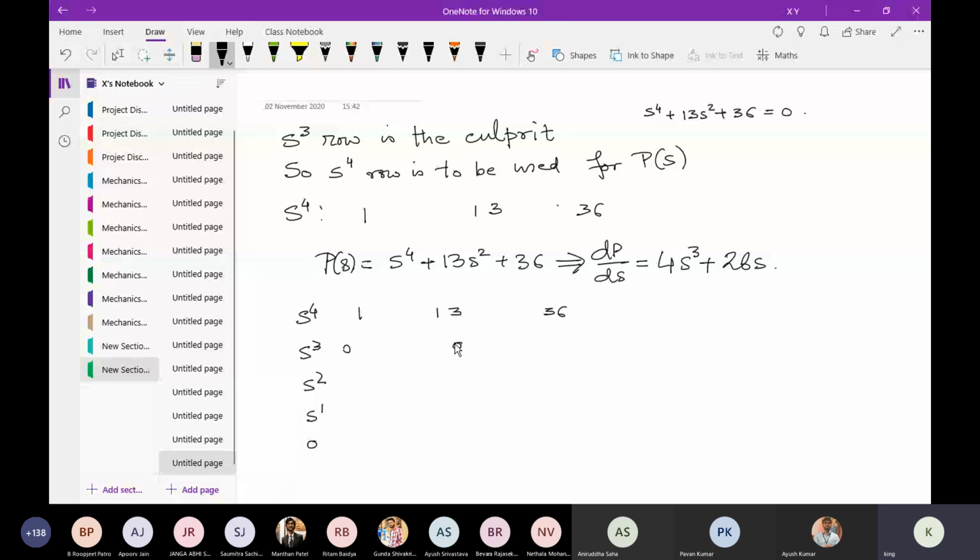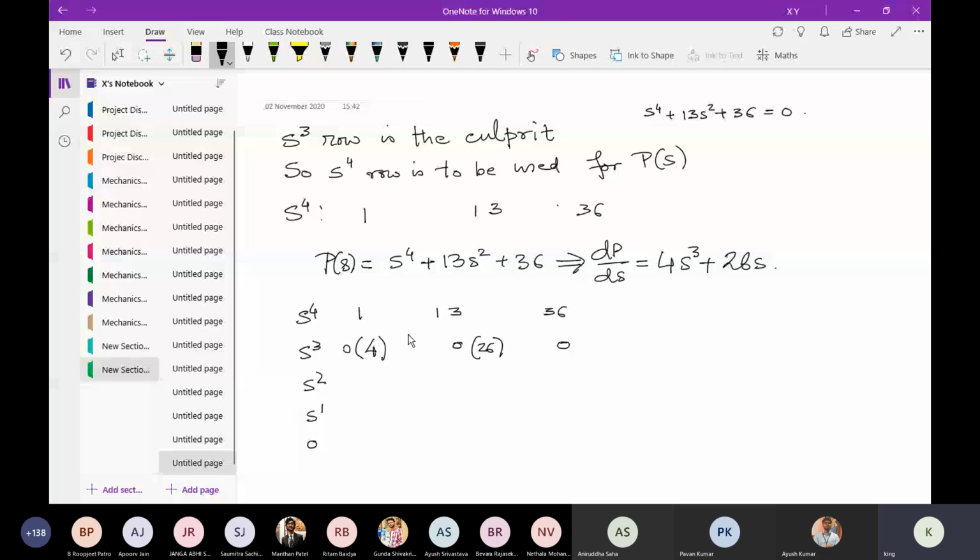This was 0, 0, 0, which we will now replace with 4, 26, and 0 is as it is. And now if you do your calculations, you won't face problems.